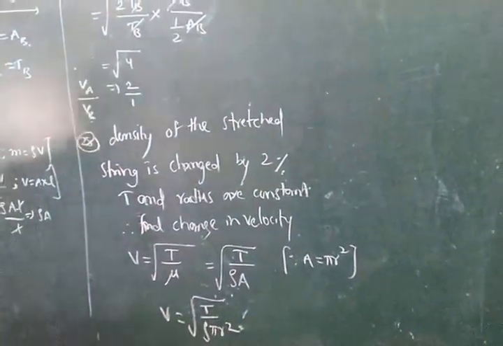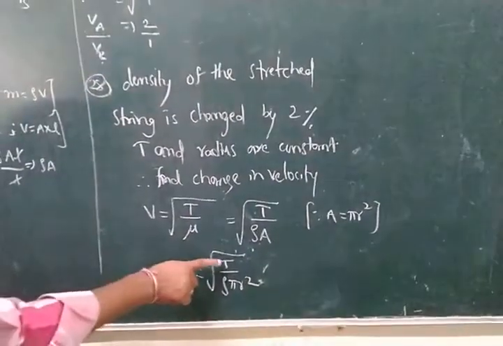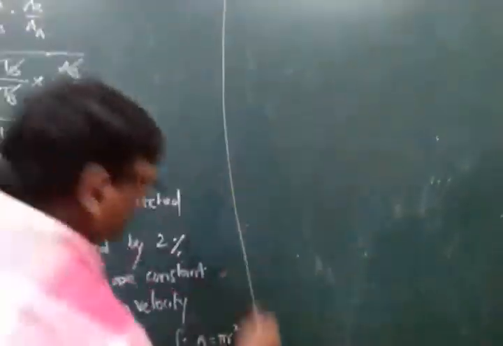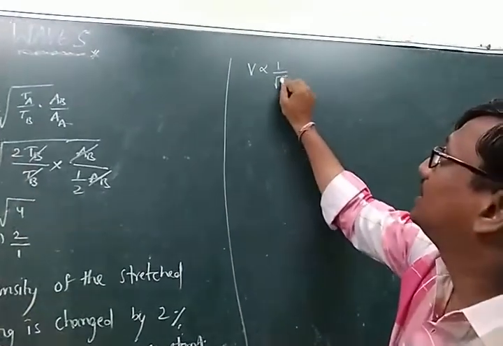This is another formula for the velocity of a string. We can observe the velocity is inversely proportional to the square root of density.